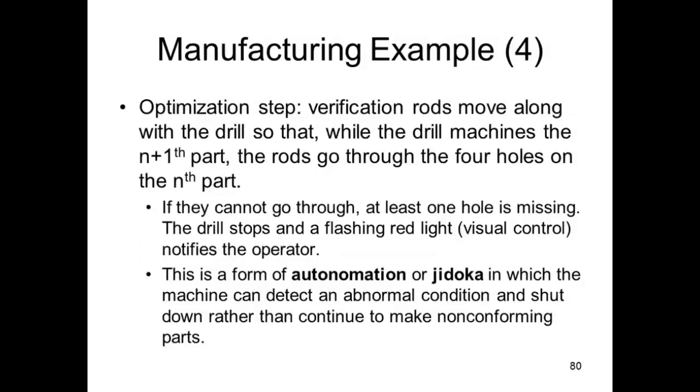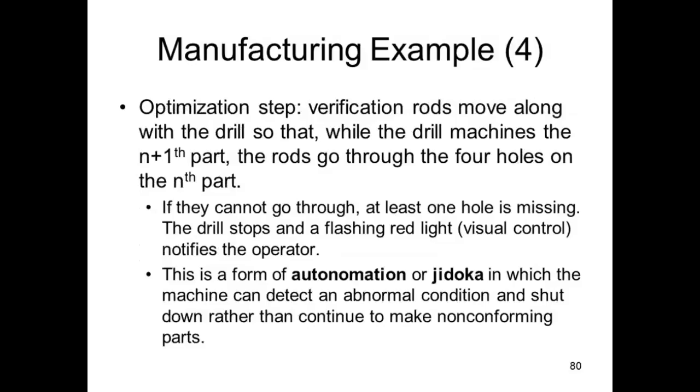Optimization step, verification rods move along with the drill. So when the drill machines the n+1th part, the rods go through the 4 holes in the nth part. In other words, the verification rods move coaxially with the drills as the 4 drill bits are acting on the n+1 part.